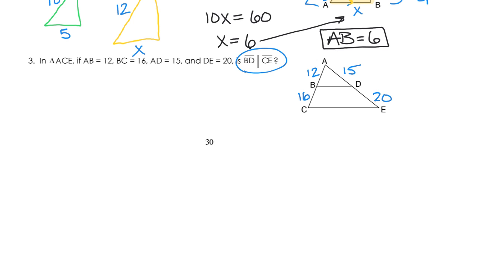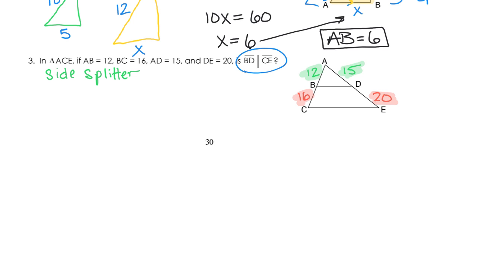And the way we're going to tell is we're going to use the side splitter theorem here. And if these pieces work in a proportion, then we can go ahead and say that those lines are parallel.